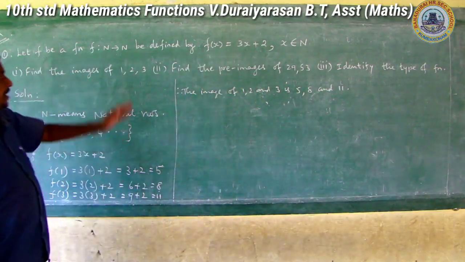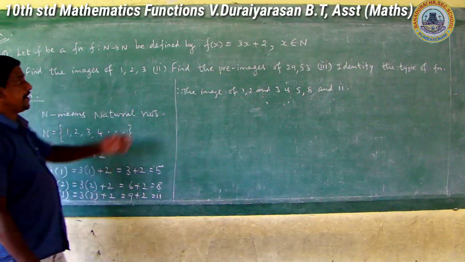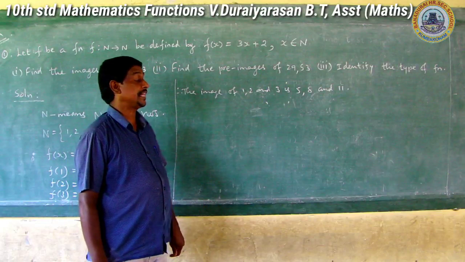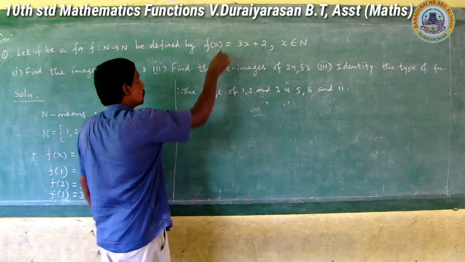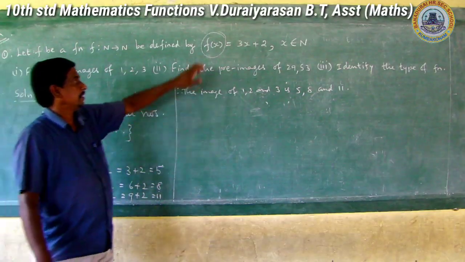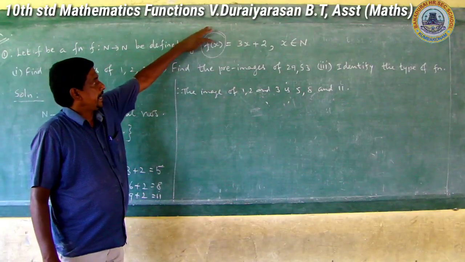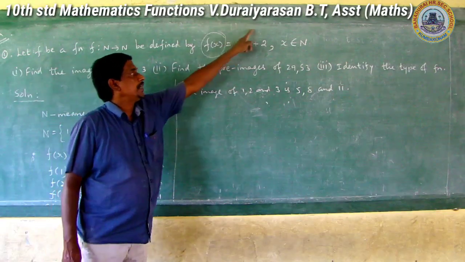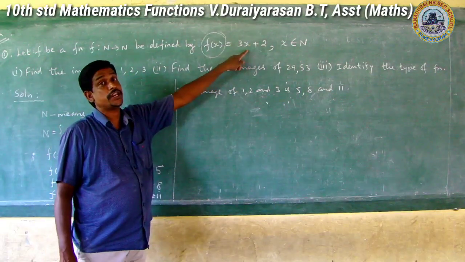That's all. Second question: find the pre-images of 29 and 53. So, f of x means x is the pre-image, and the value of 3x plus 2 is the image.